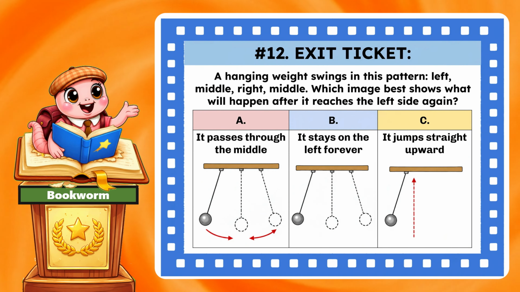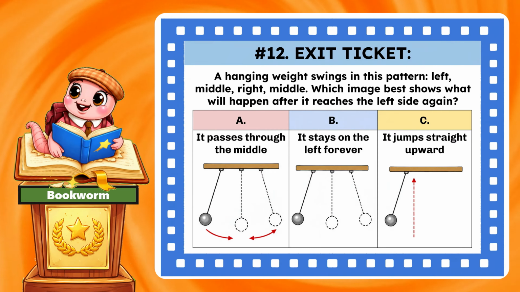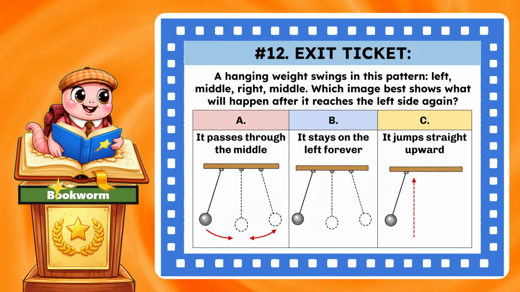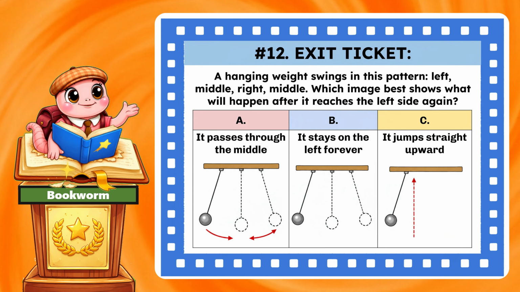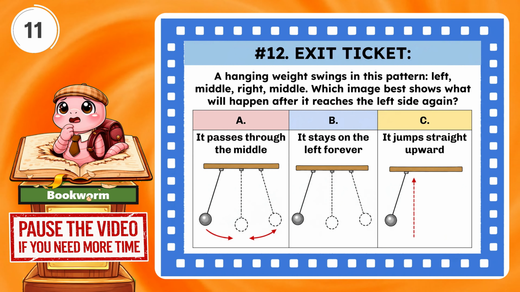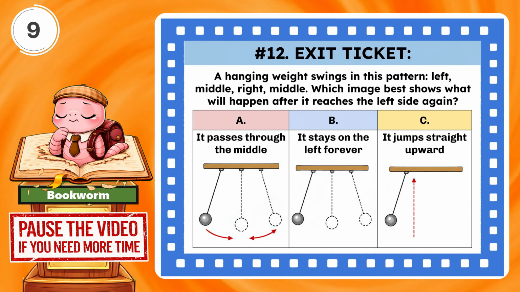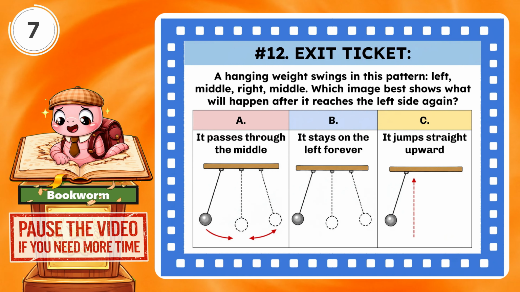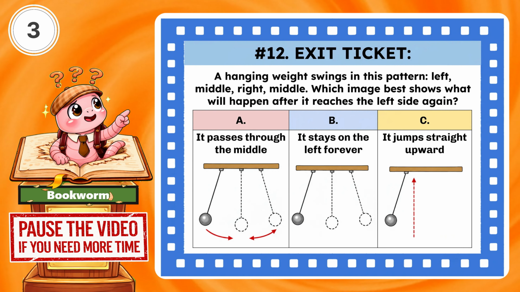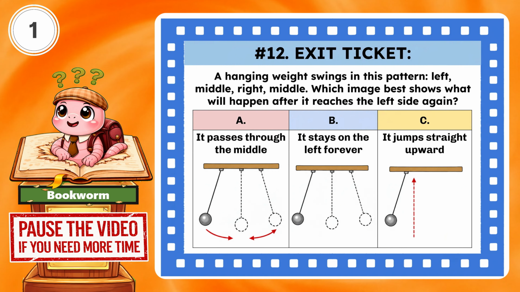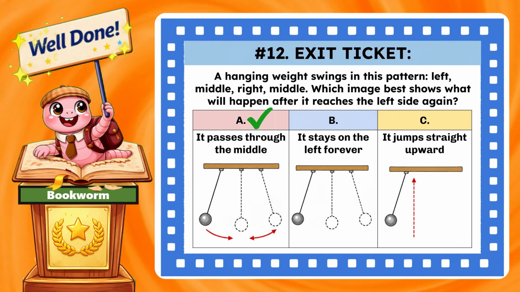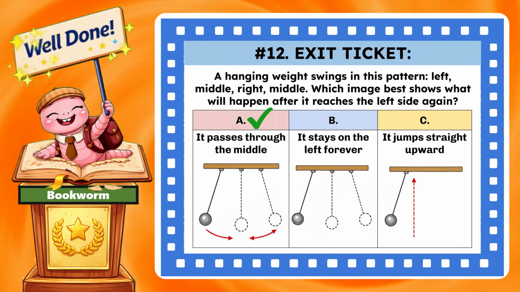A hanging weight swings in this pattern. Left, middle, right, middle. Which image best shows what will happen after it reaches the left side again? And the correct answer is letter A. It passes through the middle.